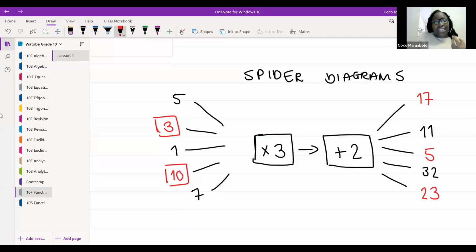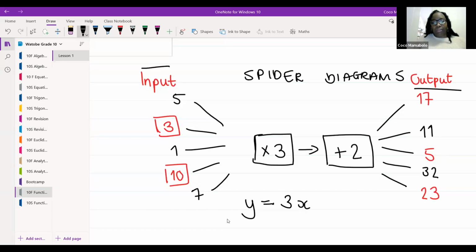Now, this is essentially what a linear function is. We have an input. We put in a number, and the machine does its work in the middle, and then we have an output come out here. If I had to represent this linearly, I would say that my y value, my output, is determined when I take my x value, my input, and multiply it by 3 and add 2.